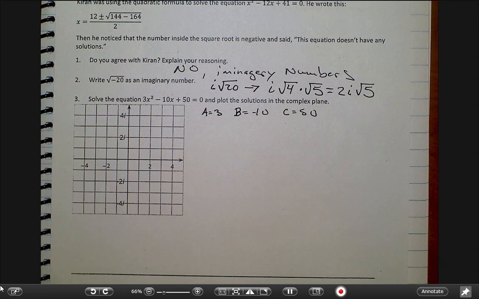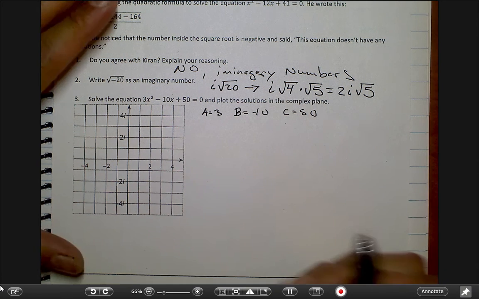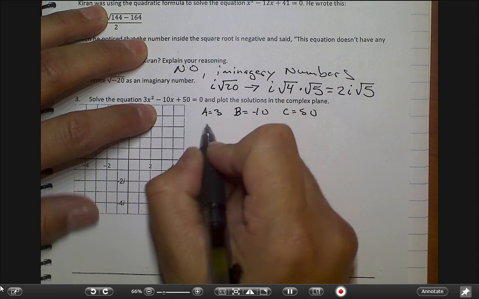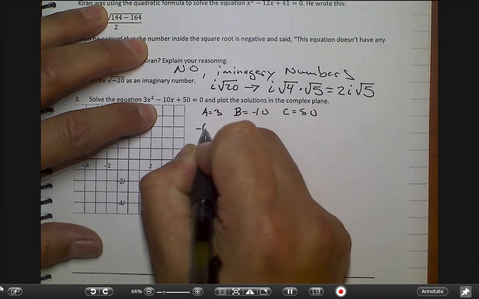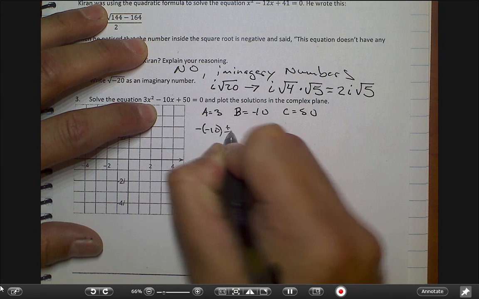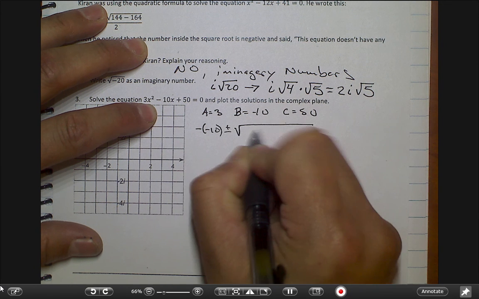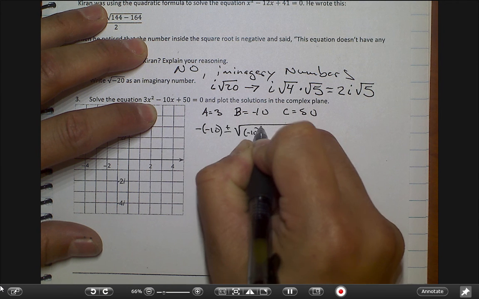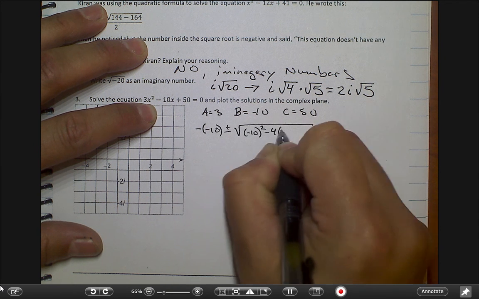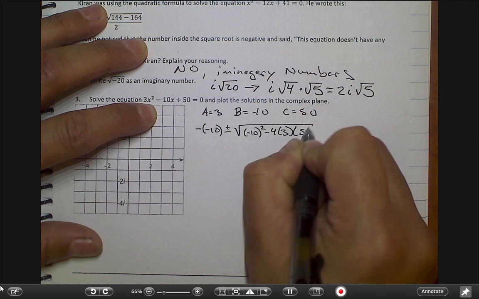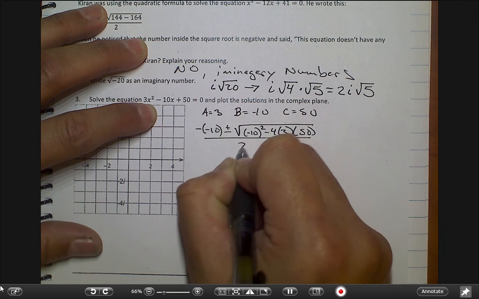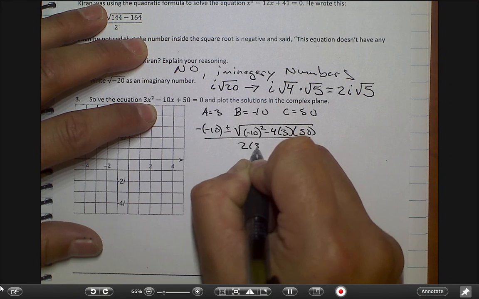Okay, so I'm going to start going over this. Hopefully you guys got to a good point here. So negative (negative 10) plus or minus the square root of negative 10 squared minus 4 times 3 times 50, all over 2 times 3.